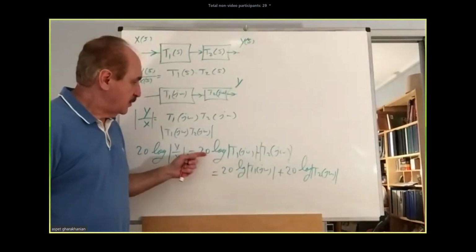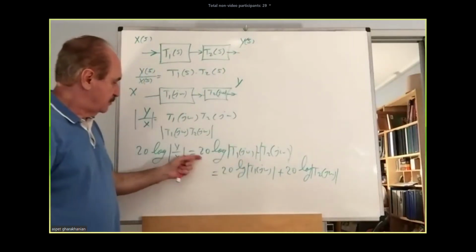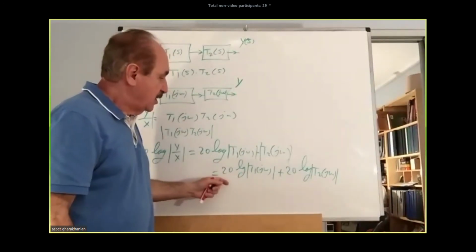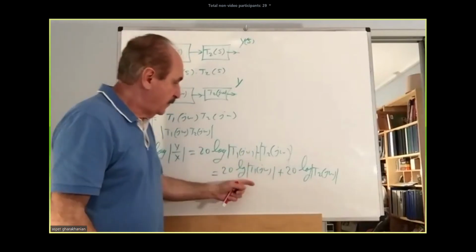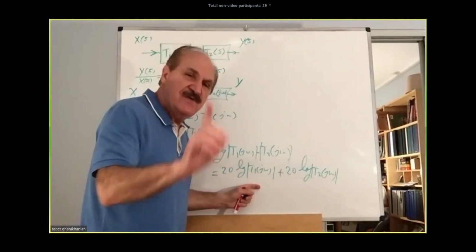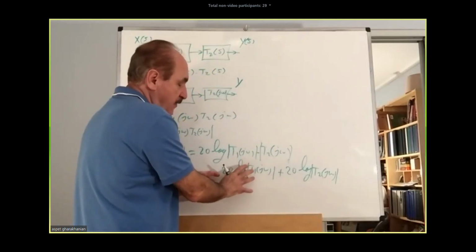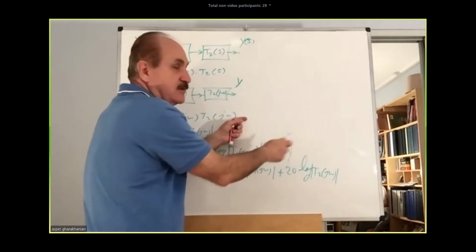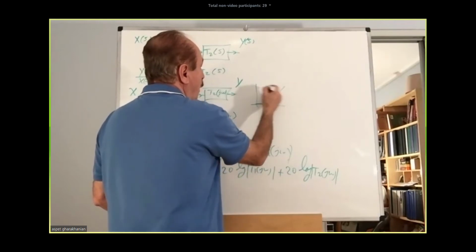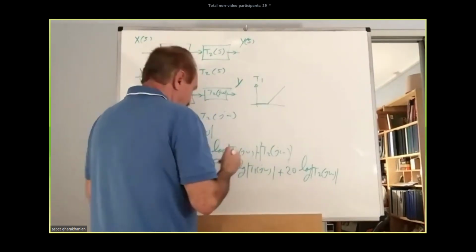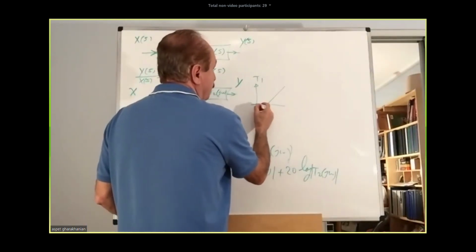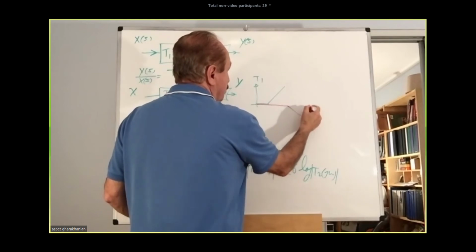So notice that the combined transfer function, the 20 log of the combined transfer function, is equal to the sum of logarithmic plots of individual functions. So if you have one function plotted graphically, for example, if this happens to be, say, T1, okay, and the other one happens to be like, for example, here, T2.